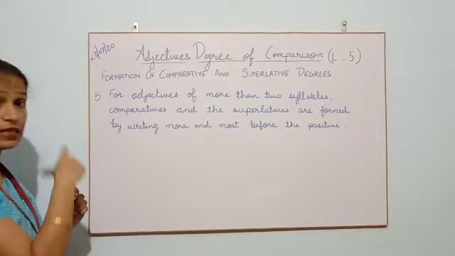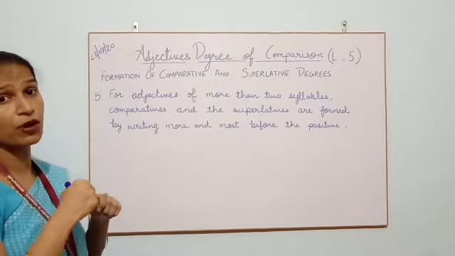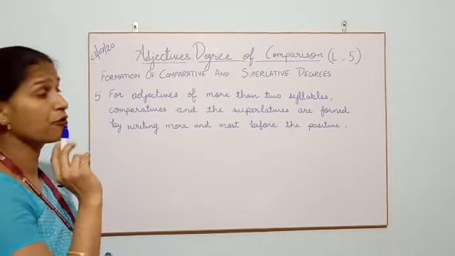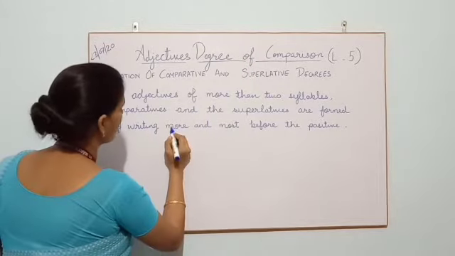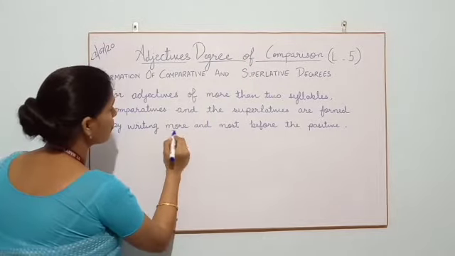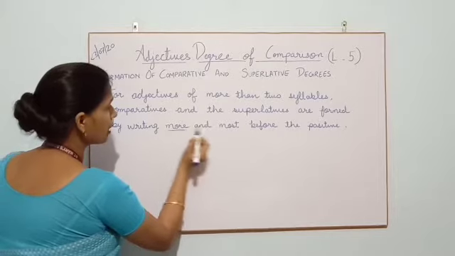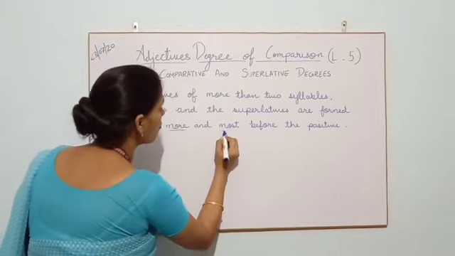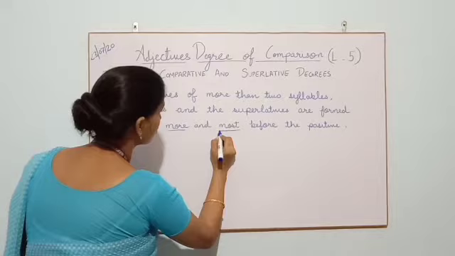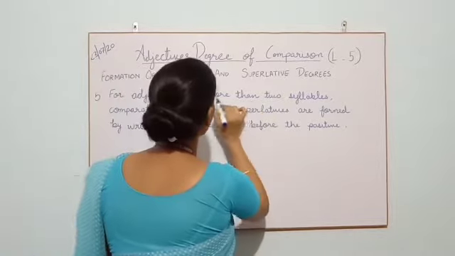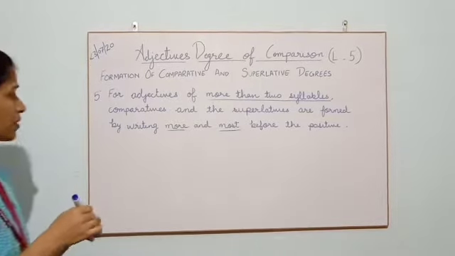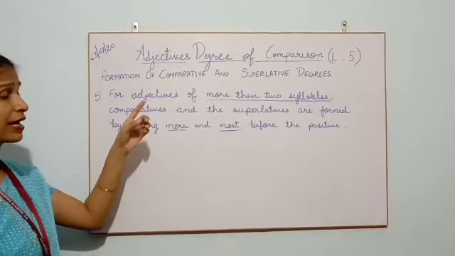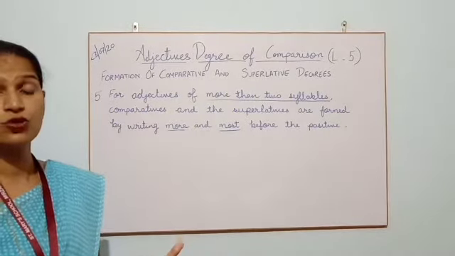Children, now in this point, the main points which you need to remember are, firstly, more and most, and more than 2 syllables. It says adjectives of more than 2 syllables.